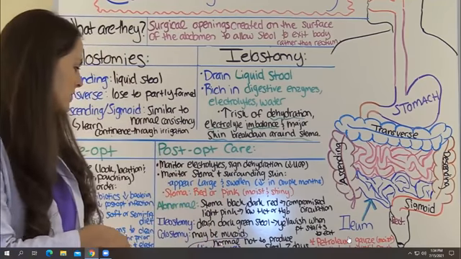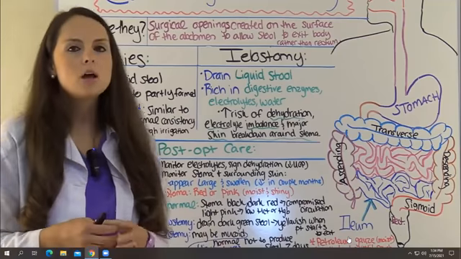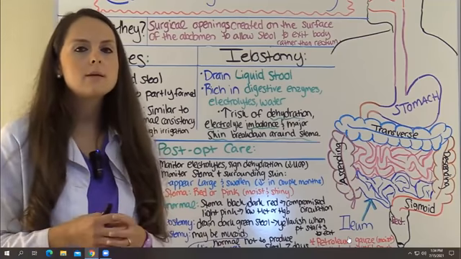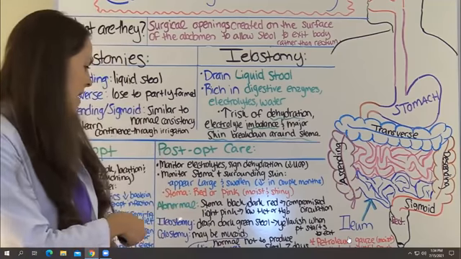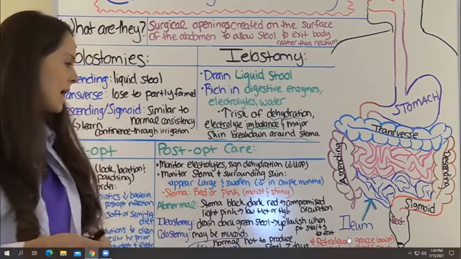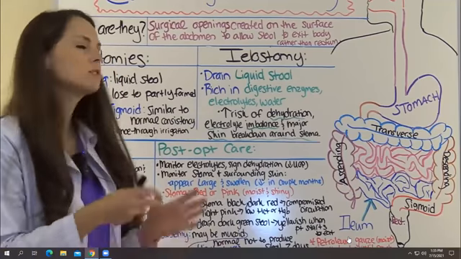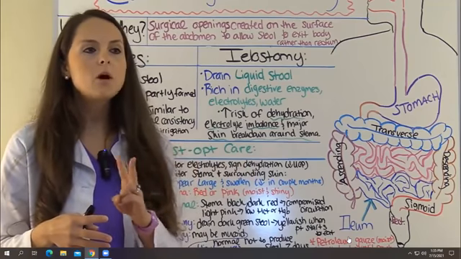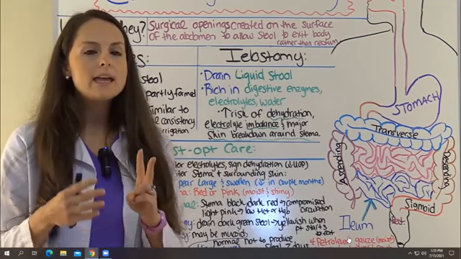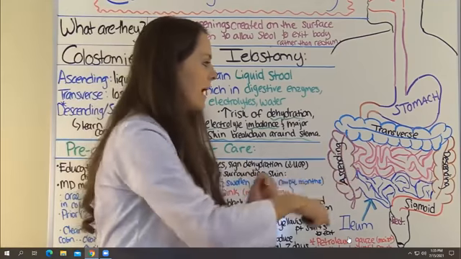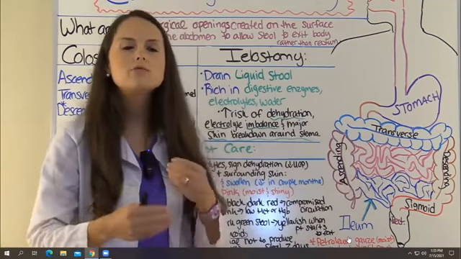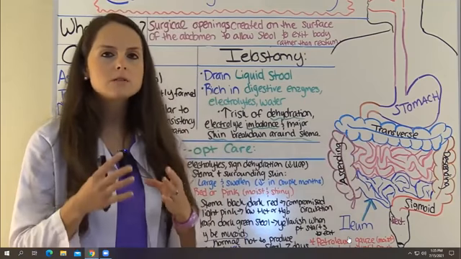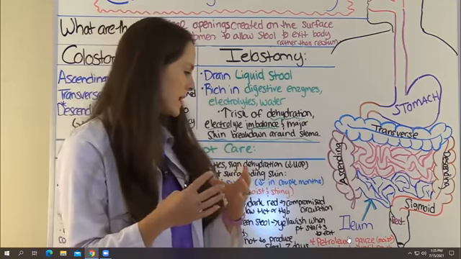Now, the colostomy, at first it may be a mucousy, mucoid type drainage. And it's normal for it not to really produce anything until about day 2. But at first, it's probably going to be liquid. Then, depending on where that colostomy is located, it'll turn into the form that it's supposed to look like, which we'll cover here in a second.